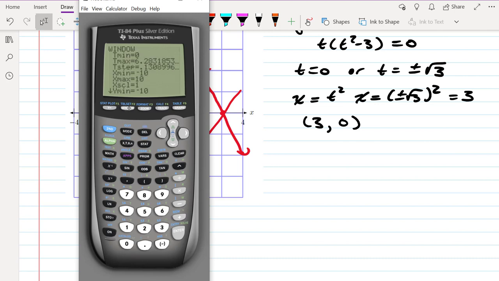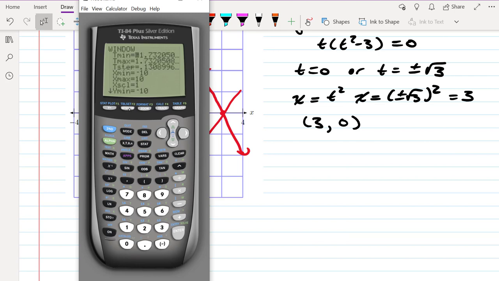Let's go ahead and press our window. Let's change this to go from the negative square root of 3 to the positive square root of 3. And we press graph, and we get something that looks like this.